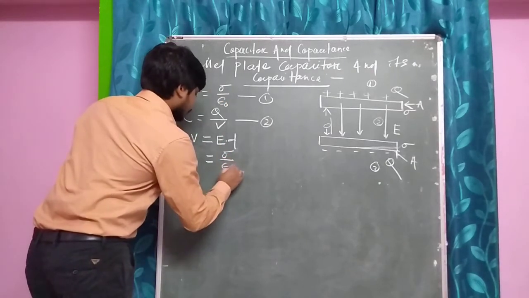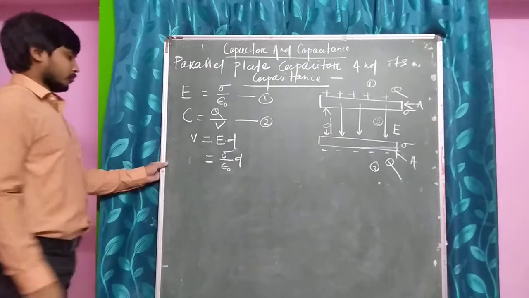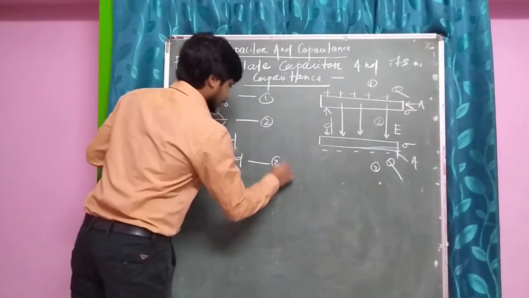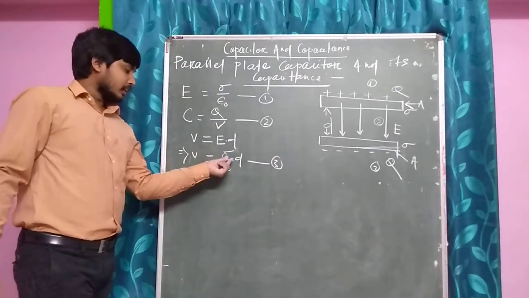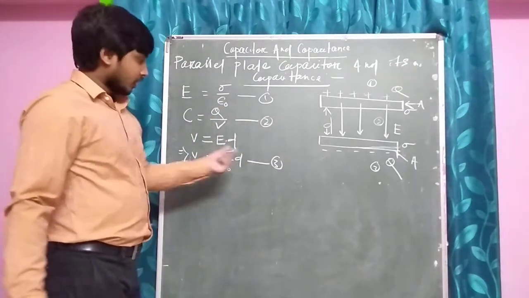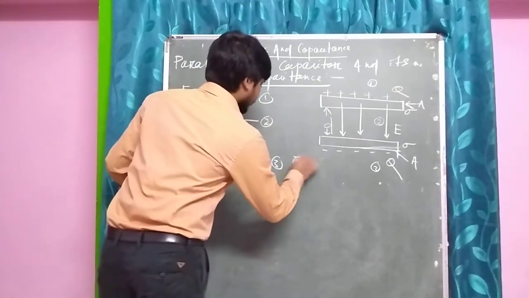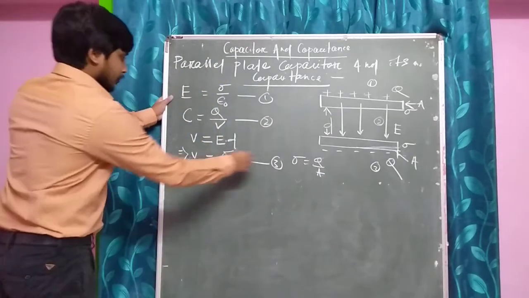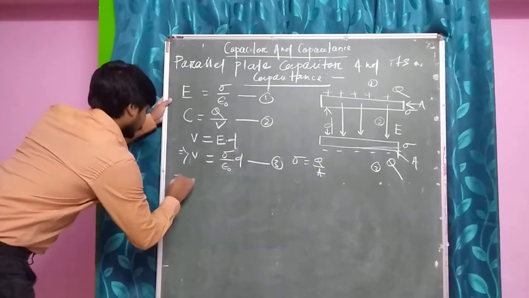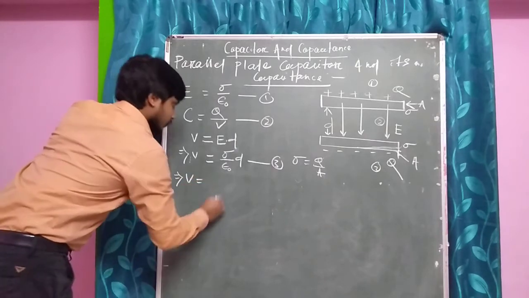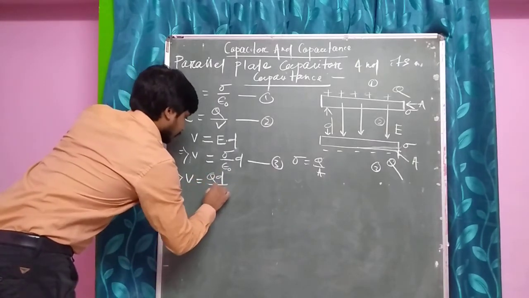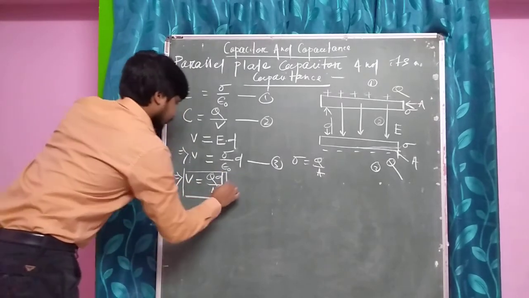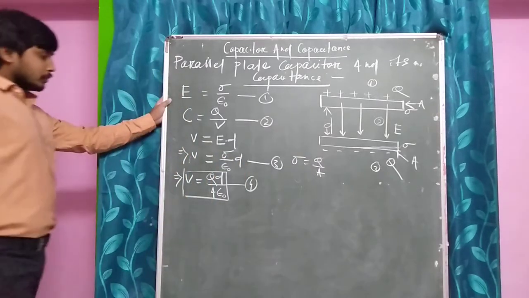So V is equal to sigma by epsilon naught into d. Also the surface charge density sigma is equal to Q by A. So by putting this value for sigma, we get V equals Q d by A epsilon naught. Then it will be equation number 4.